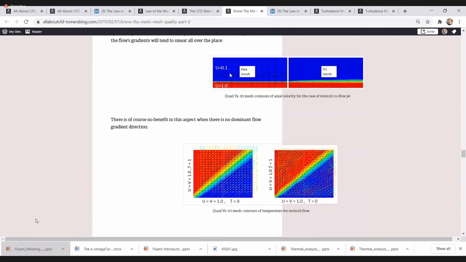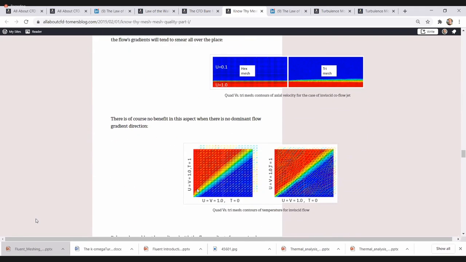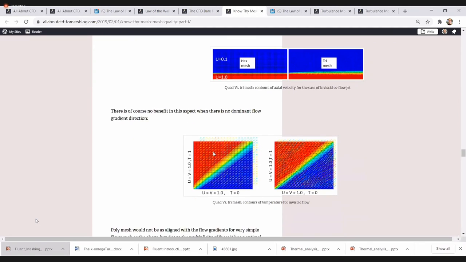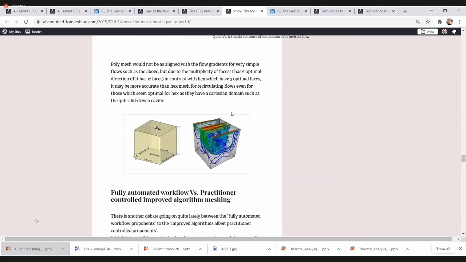But when the flow is not aligned with the cell face, it looks quite the same, so there's no real difference.